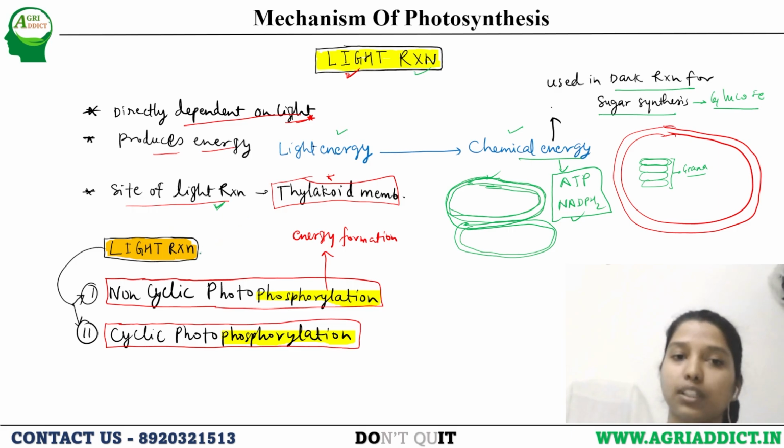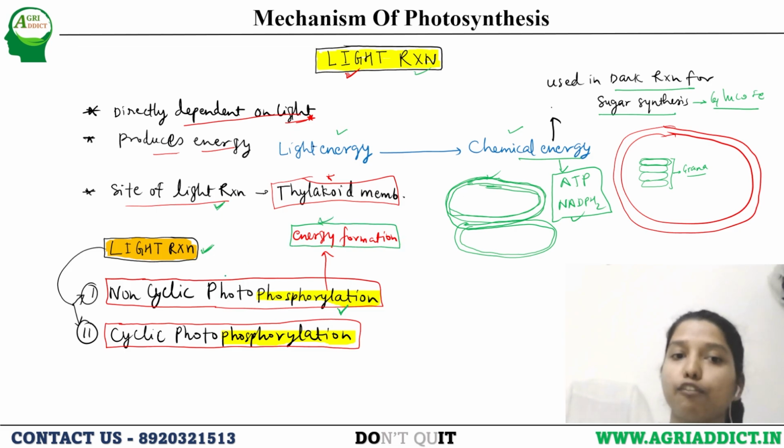Now let's come to the light reaction in detail. Light reaction is divided into two: first is non-cyclic photophosphorylation and second is cyclic photophosphorylation. When we say phosphorylation, it means there is the formation of energy.